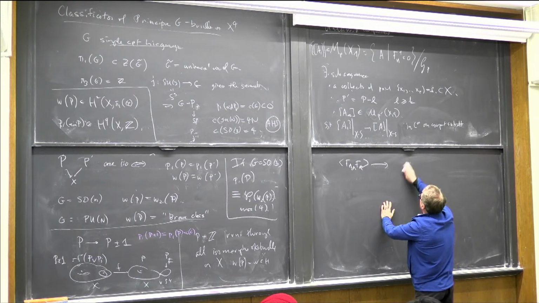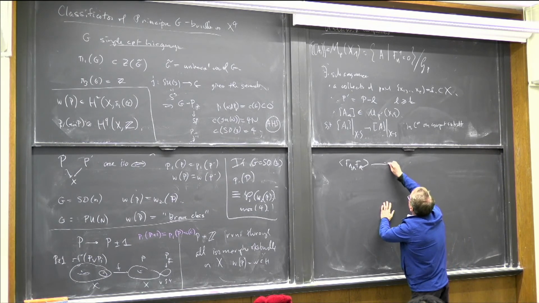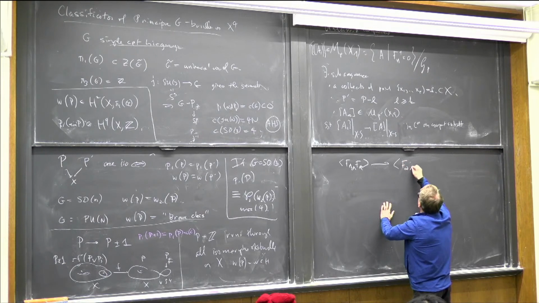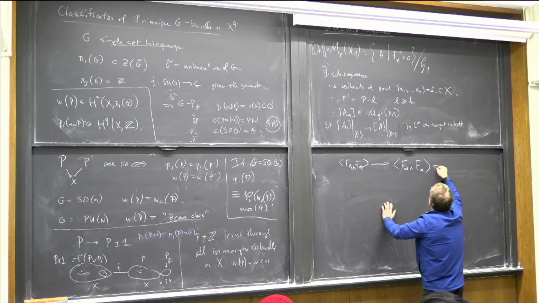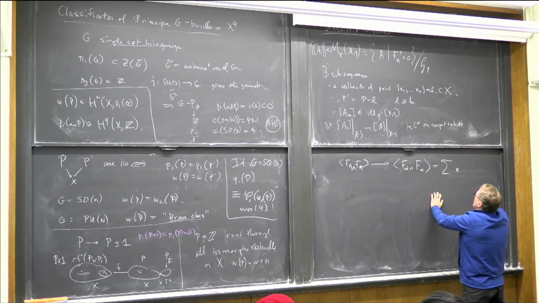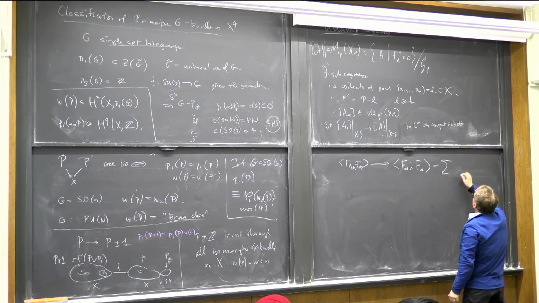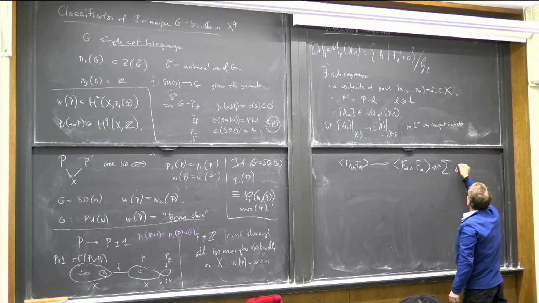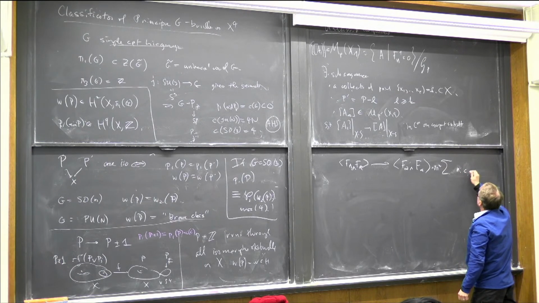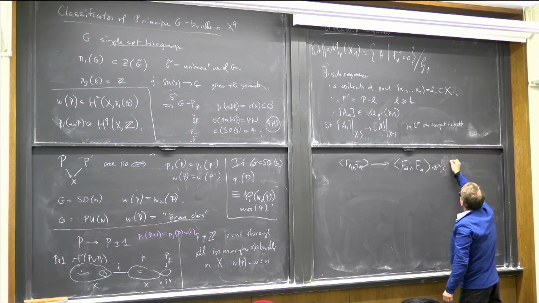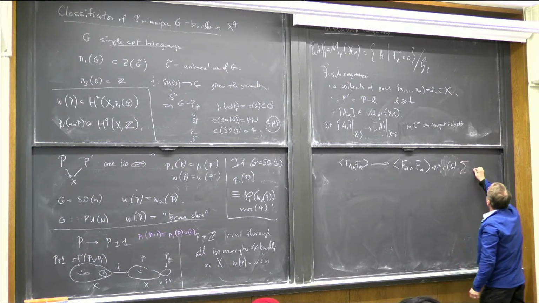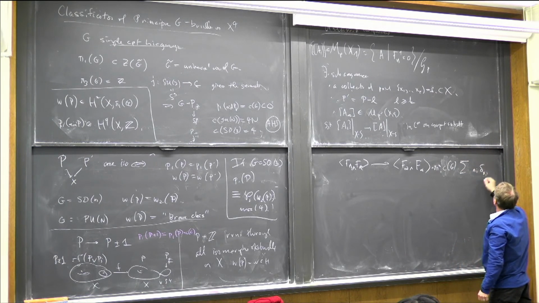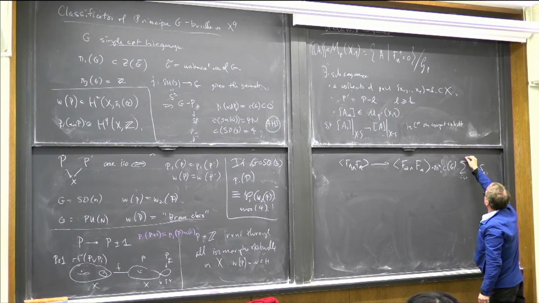This converges weakly to the limiting guy plus a sum of 2 pi squared C of G, some n_i, delta function at x_i, i equals 1 to k.